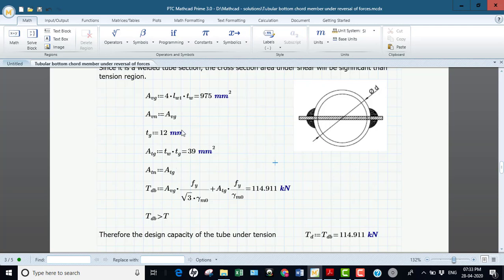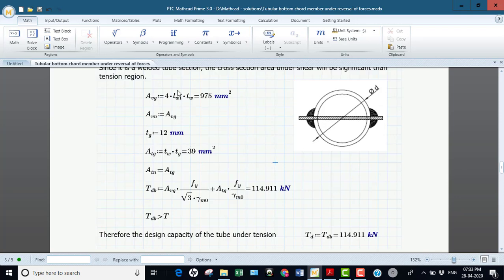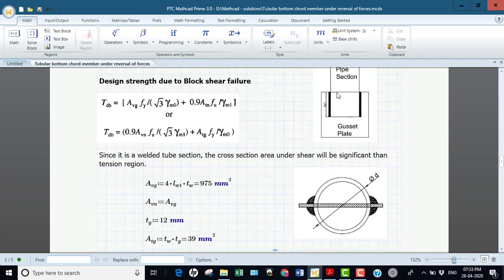By considering these areas and substituting in this expression, since both are gross area, I calculate the block shear capacity of the section, and it is found to be 114.91. As I told, the length of the weld is the predominant factor in resisting block shear failure of the cross section.